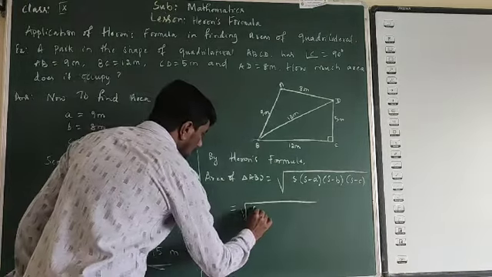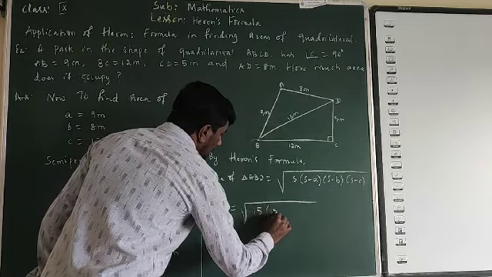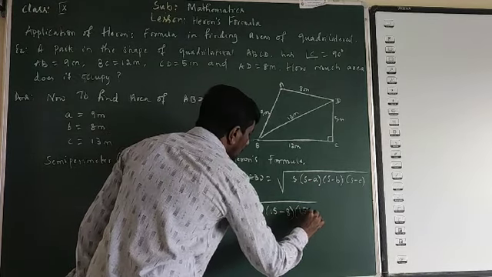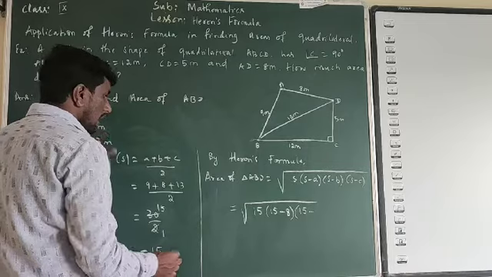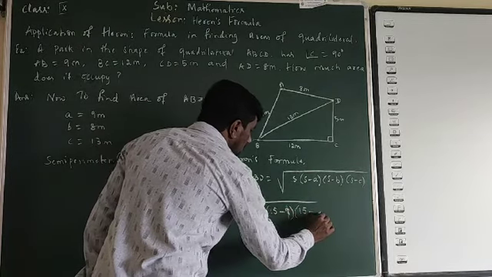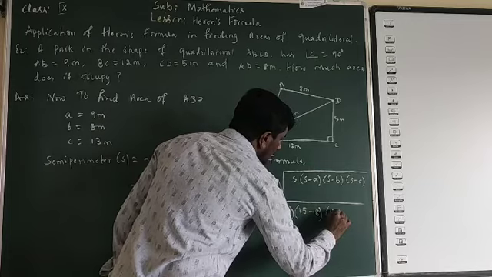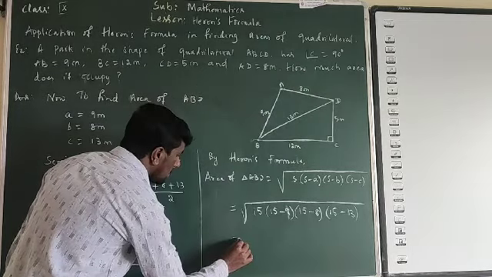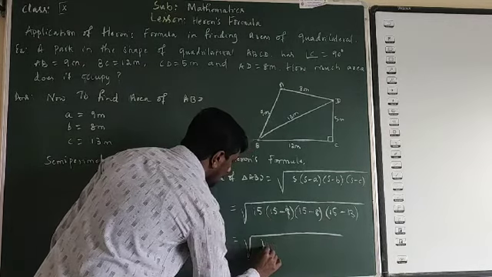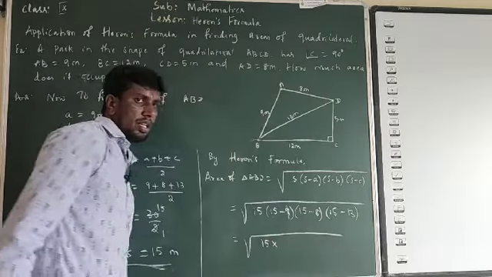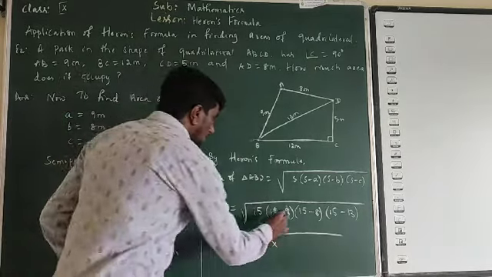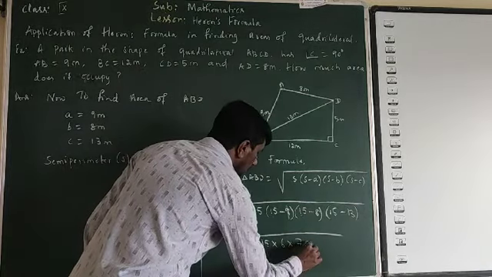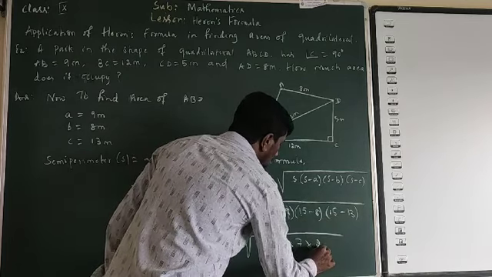s is 15 into 15 minus a, a is 9, 15 minus b, b is 8, then 15 minus c, c is 13. Now we simplify this. 15 into 15 minus 9, 6, right? 15 minus 9 is 6. So 15 minus 8, 7. 15 minus 13, 2.